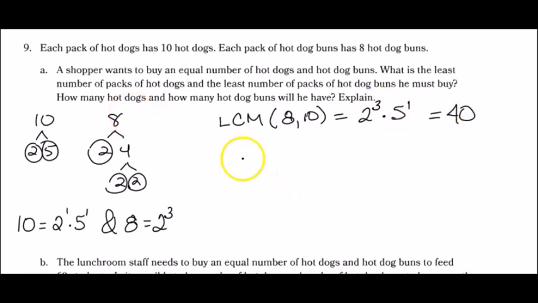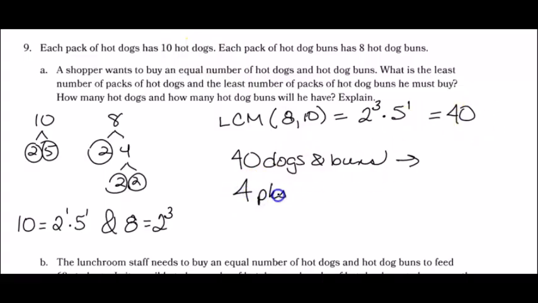That means they'll have 40 buns and 40 dogs, which means there was 10 dogs per pack, so that'll be 4 packs of dogs. And there's 8 buns, so that'll be 5 packs of buns.